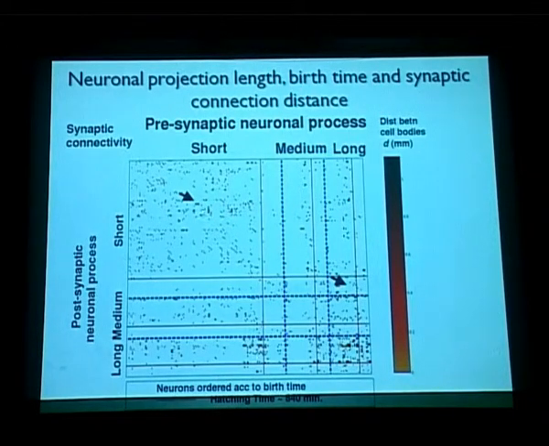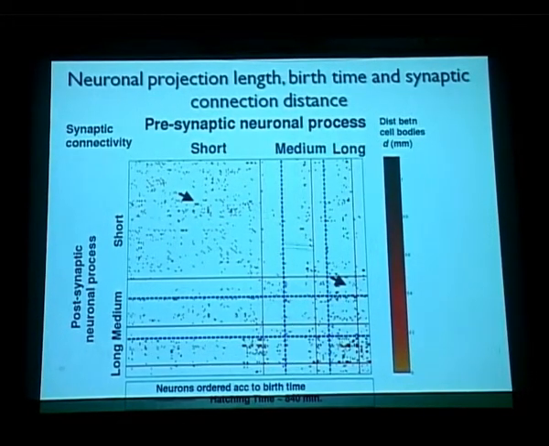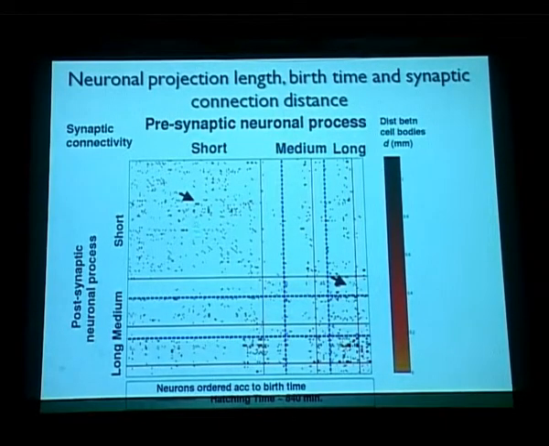Whenever the neurons have a synaptic connection partner, it's labeled in different colors depending on how close the cell bodies are. And when they don't share a connection, it's colorless, uncolored.